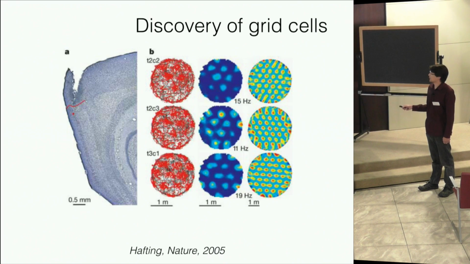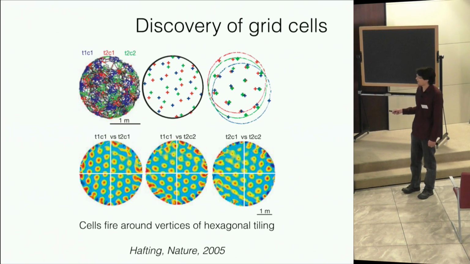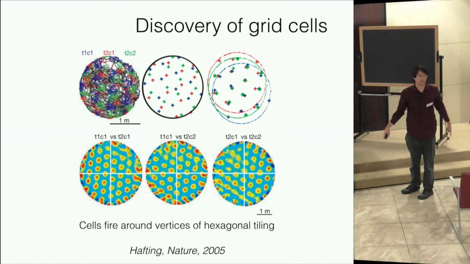Okay, so these are 3 examples of so-called grid cells. And the idea is that the cells are active on the vertices of a hexagonal tiling of the environment here, right? So if you took this room now and you laid down a hexagonal lattice, as you would walk around, you would see activity along the vertices. Okay, and so these were called grid cells.